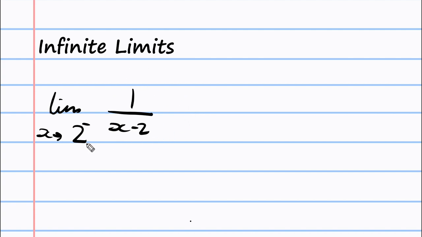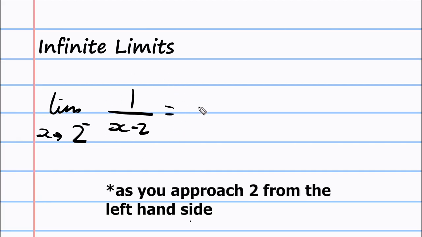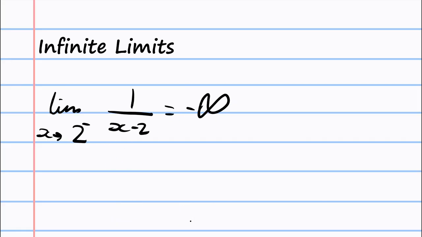But remember, because x is coming from the left-hand side, this denominator is going to be a negative number, which means the whole function is going to become negative infinity as you approach 2. So we'll say that the limit as x approaches 2 from the left-hand side of 1 over x minus 2 is negative infinity.